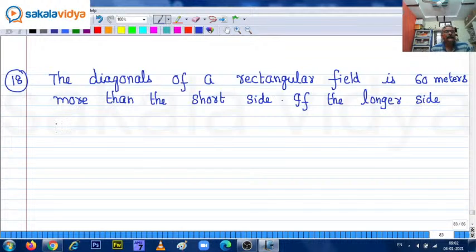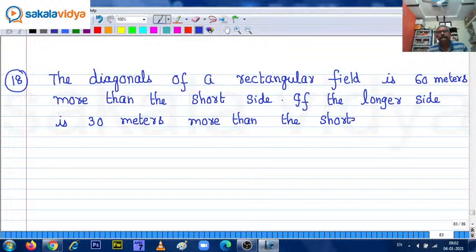If the longer side is 30 meters more than the shorter side, find the sides of the field.